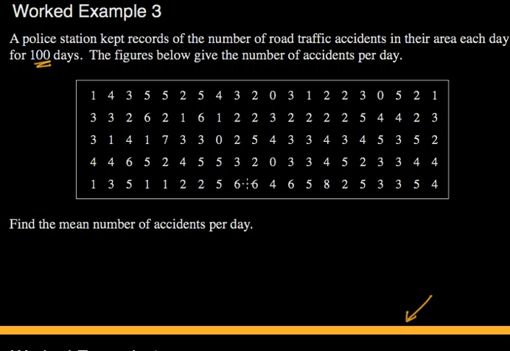Well, the best way of doing this is to create the same table. So I could call x the number of accidents, and that ranges from 0 up to 8. 8 is the largest. So I could write 0, 1, 2, all the way down to 8. And then the frequency, it would be difficult to tell from a large number of numbers.